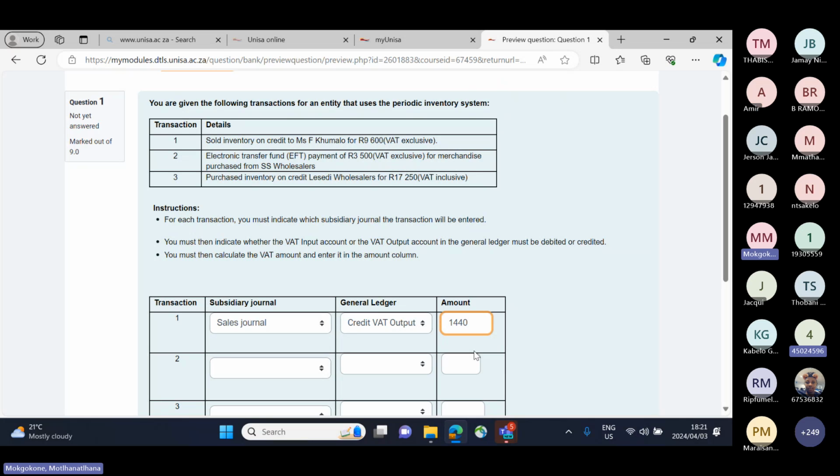Yes, that's why the instruction says you must calculate the VAT amount and enter the VAT amount in the column here. And here we gave you the 9,600 excluding VAT. And we said if you are given the amount excluding VAT, to calculate VAT, you must say 15 divided by 100.